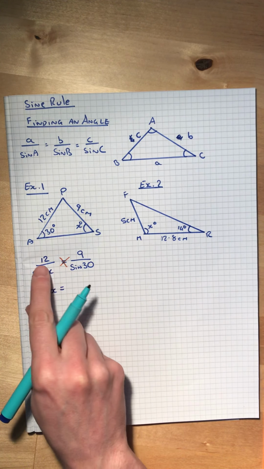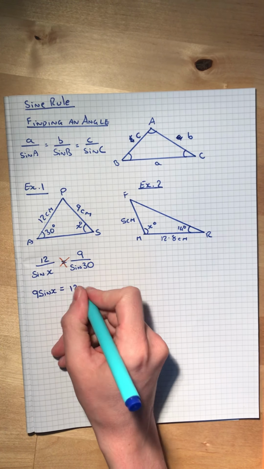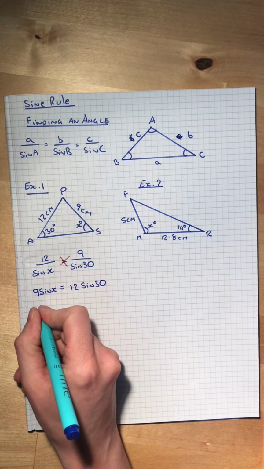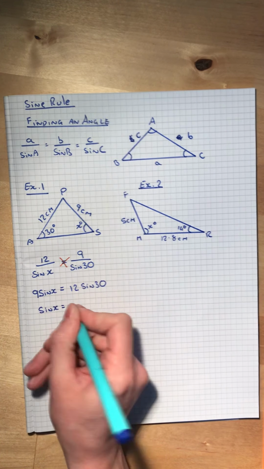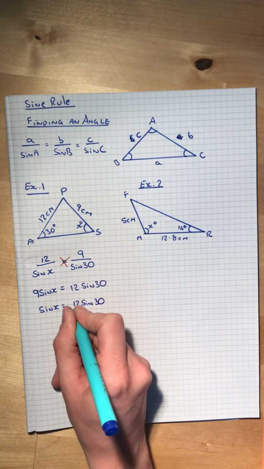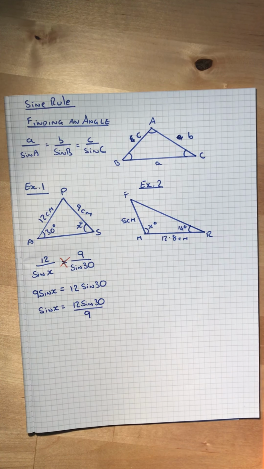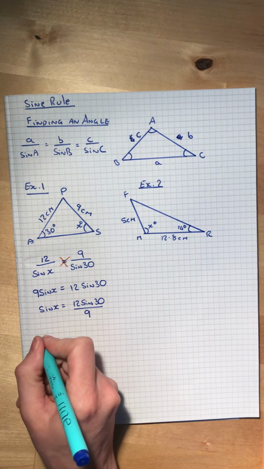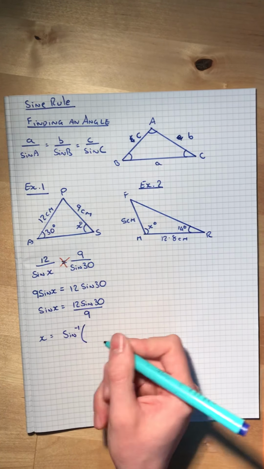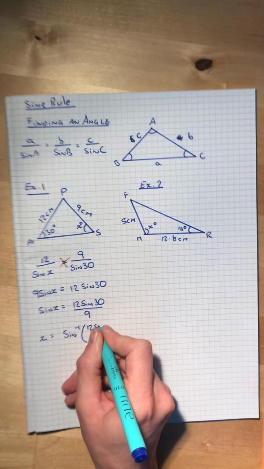will equal 12 times sine 30. So that means that sine x will equal 12 times sine 30 over 9. We're finding an angle, so we do sine to the negative 1.